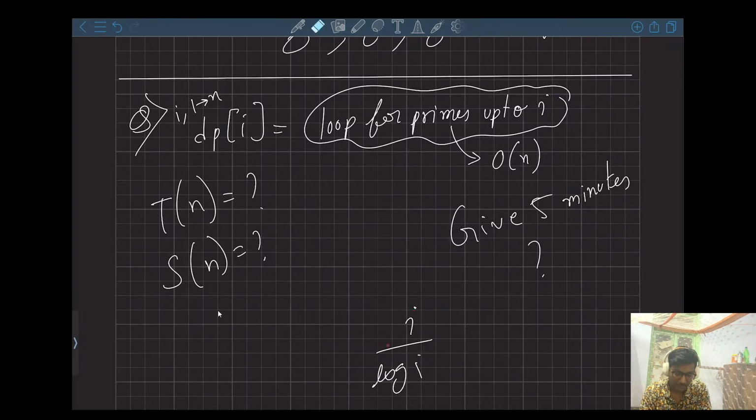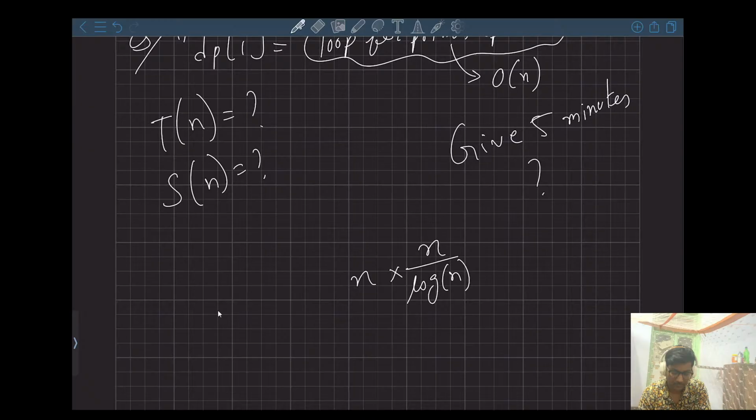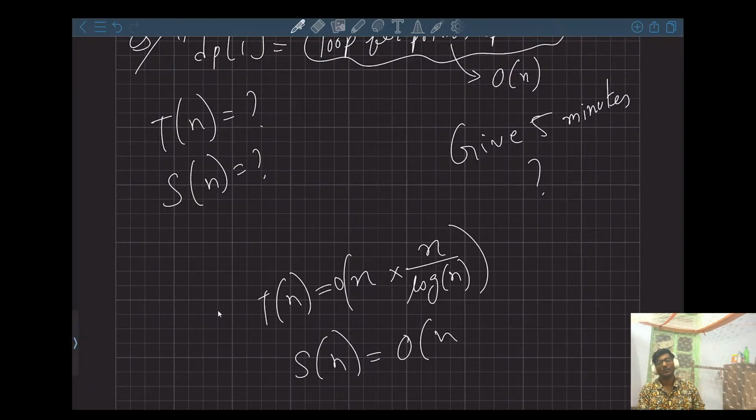So it's like n by log n. And then also n for the number of states, which gives the time complexity, and the space complexity is order of n. So this is the number of primes.